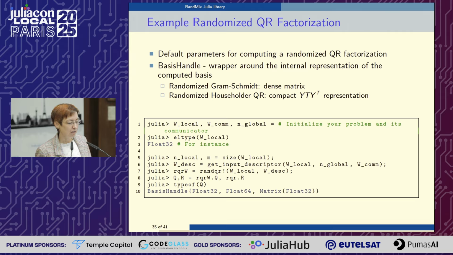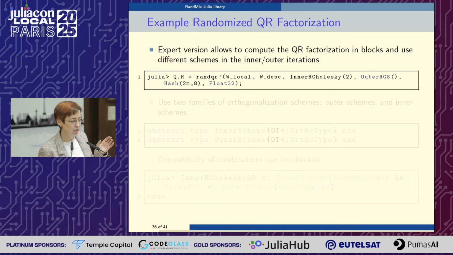But we give the flexibility of choosing randomized Gram-Schmidt or randomized Householder QR, or even sometimes combining them. That's a simple example if one would just pick the default routine in which we set up everything for the QR factorization. And we also make it easy to mix precisions, because that's really one of the main advantages.